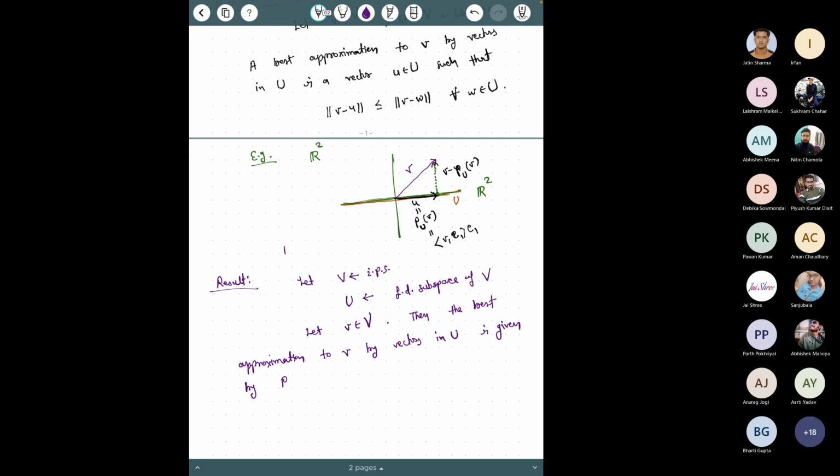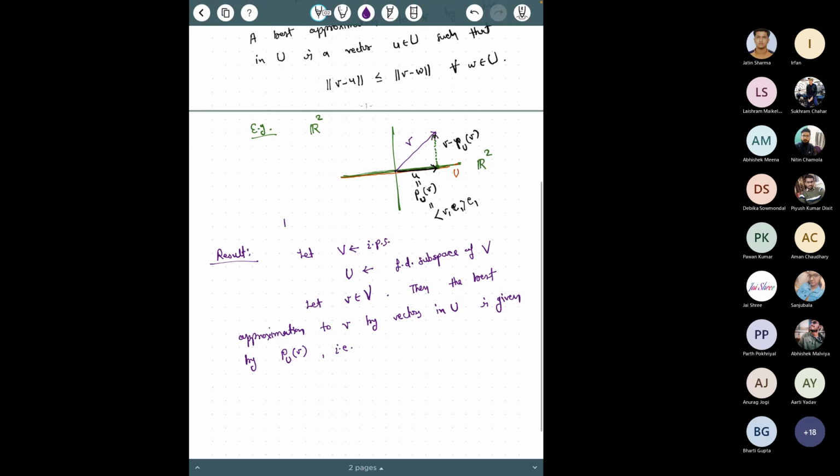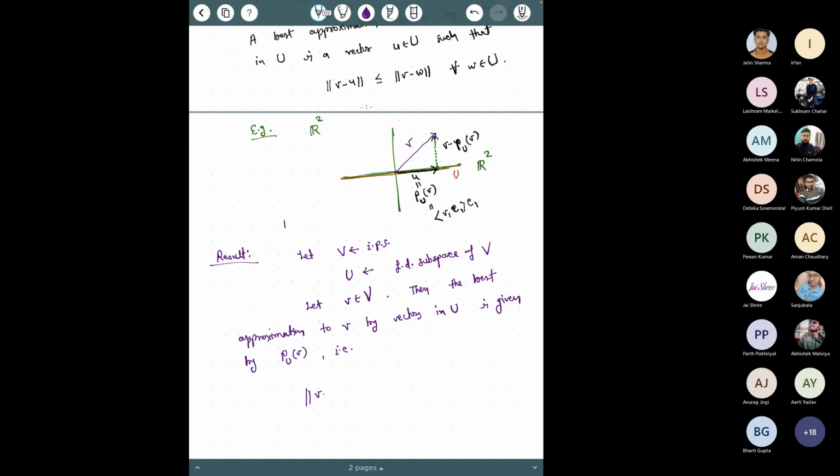That means by projecting v orthogonally on U. In other words, the distance of v minus P_U of v is less than or equal to the distance of v minus w for all w in U.